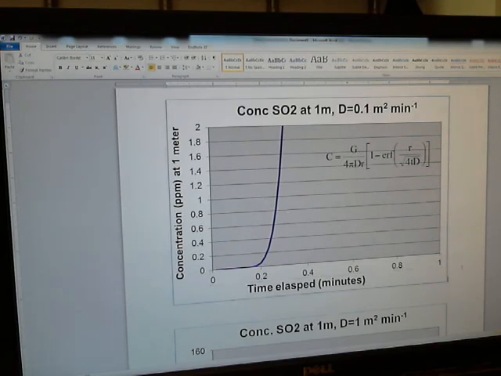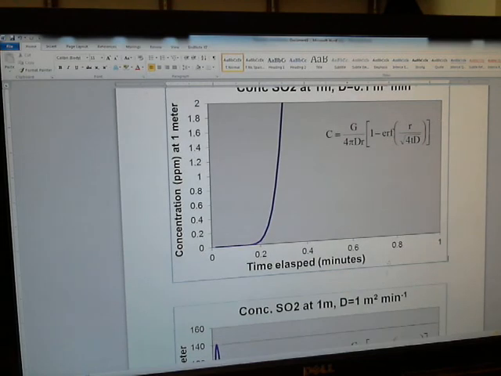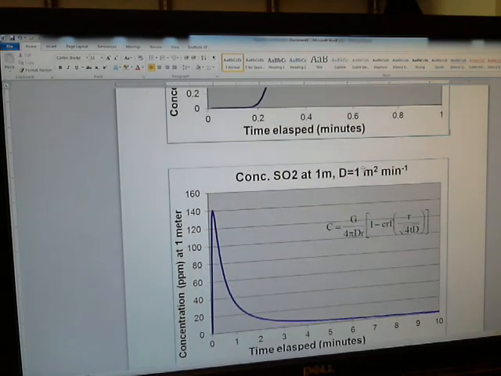So hopefully you can kind of distill that and see what I'm getting at. I'm just looking for a qualitative description of what's happening in time that's different when you have a low diffusion coefficient or a 10 times higher diffusion coefficient. Basically, the curves are exactly the same numerically.